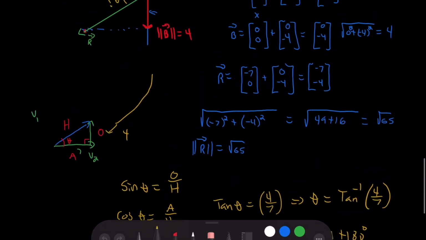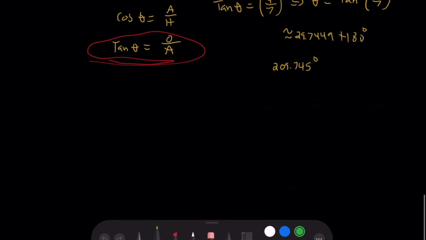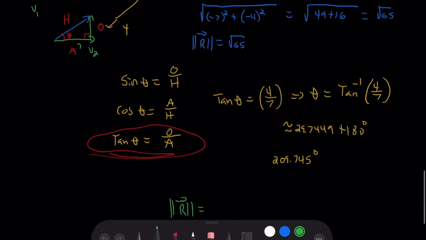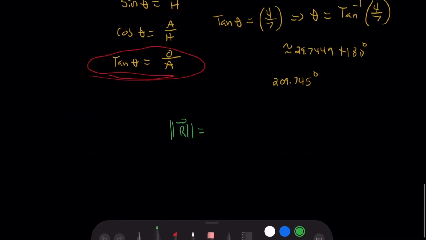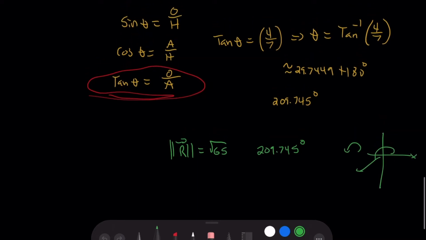So what we can say about this vector r is that the magnitude of r is equal to the square root of 65, and the direction is 209.745 degrees going counterclockwise from the x-axis, which we have there. It matches up with the image.